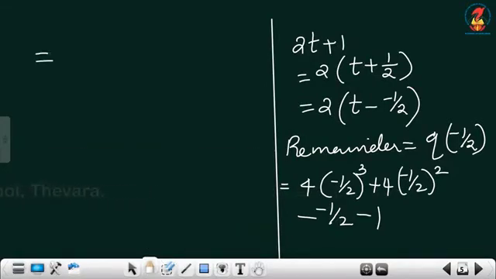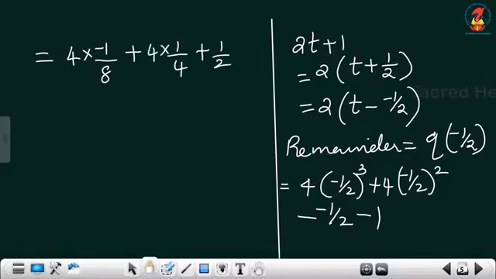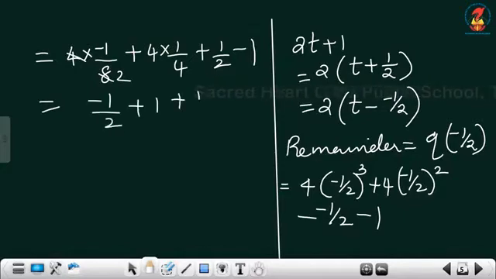Which is equal to 4 into minus 1 by 8 plus 4 into 1 by 4 plus 1 by 2 minus 1. So, which is equal to minus 1 by 2 plus 1 by 2 minus 1. Clearly, this is equal to 0.